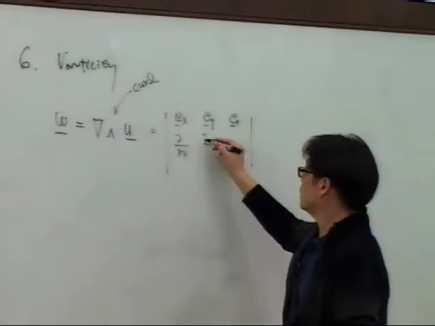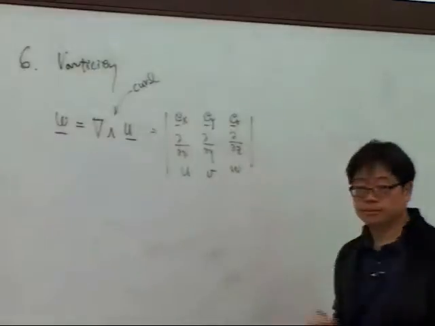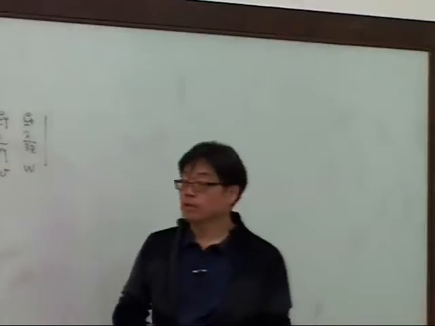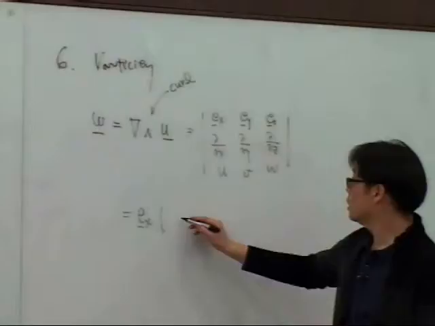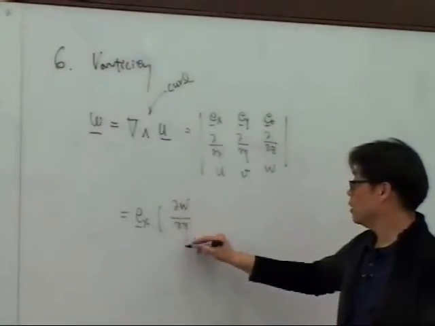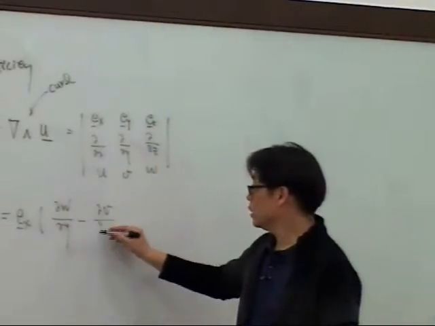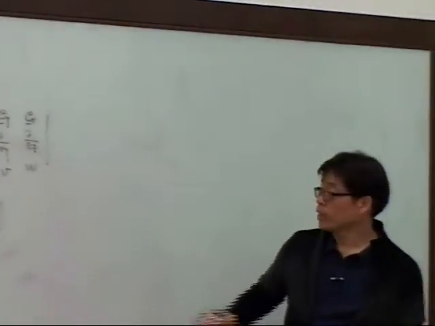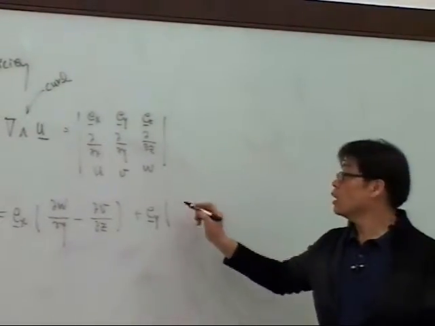It means del, d/dx, d/dy, d/dz, crossed with u, v, w. So the x component is dw/dy minus dv/dz, right? And so omega, vorticity, is a vector.